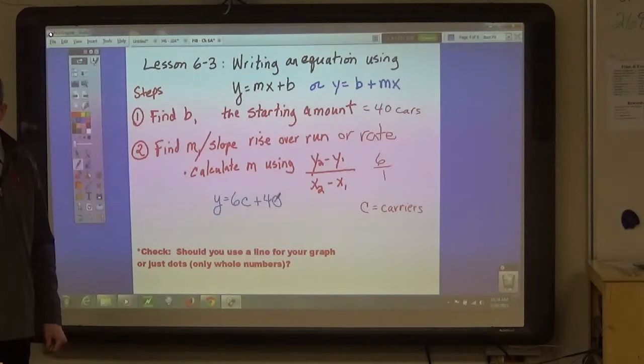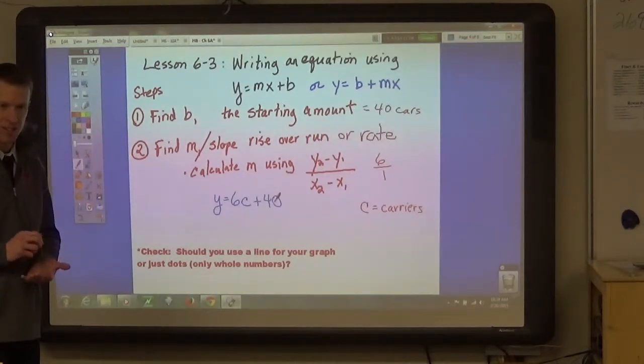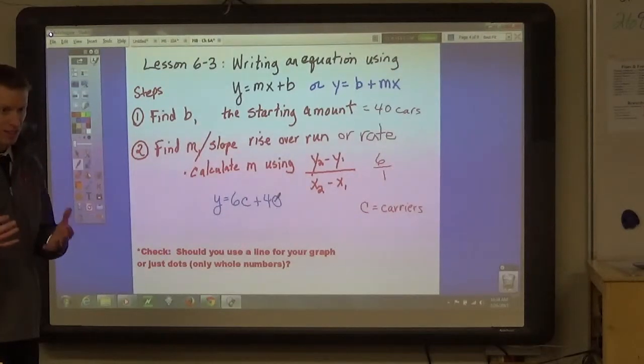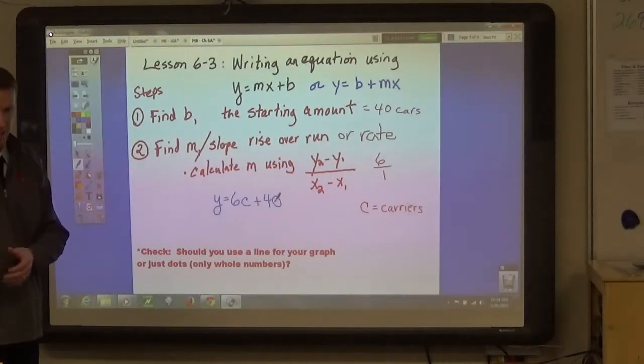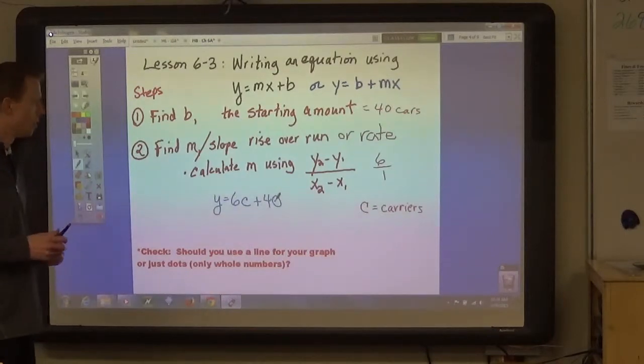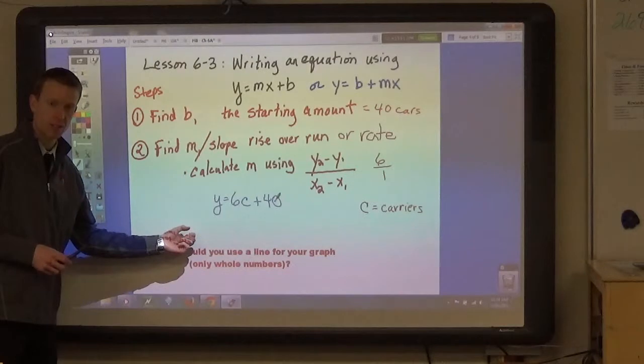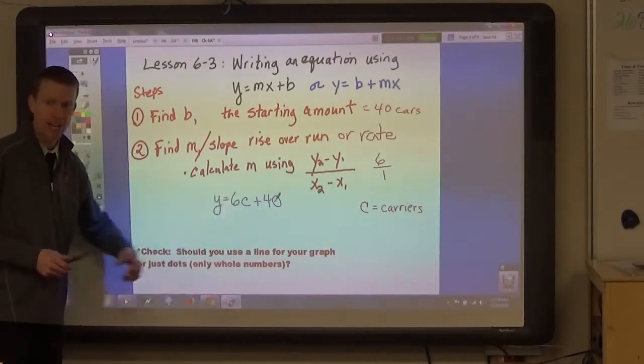Now, in this case, is there a starting amount given? Does it say the coach already has some? We're on page 325. There's no starting amount, right? It's just a linear function for the total number of tennis balls related to the number of cans of tennis balls.